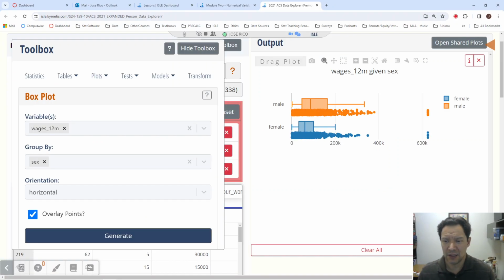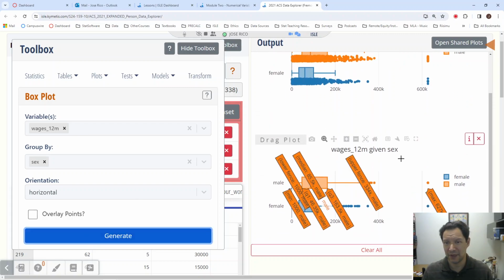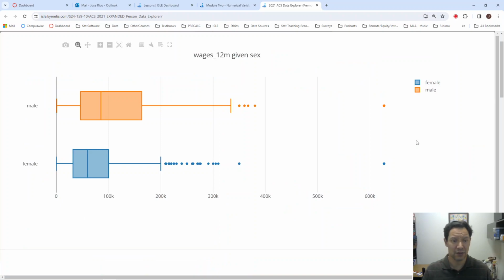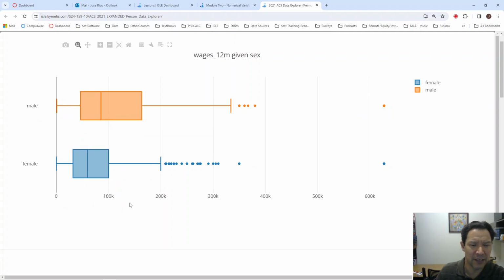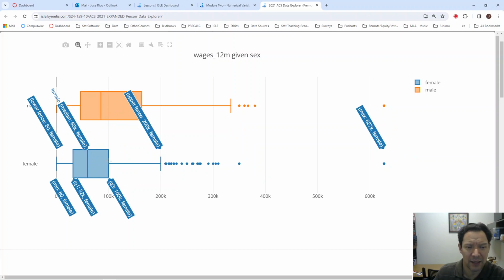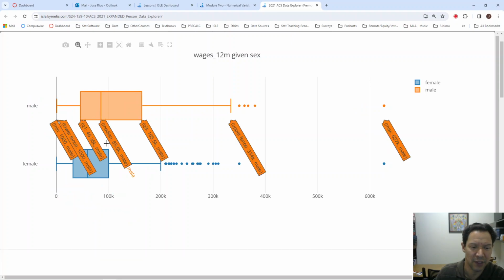But some people don't like how busy it is with all the points. So sometimes we like to simplify the analysis and just show it like such. What we see here when we look at the box plots, what we're primarily looking at is overlap between the two box plots. And we're looking at the location of where the Q1 is relative to the other Q1, and the median to the other median, and Q3.